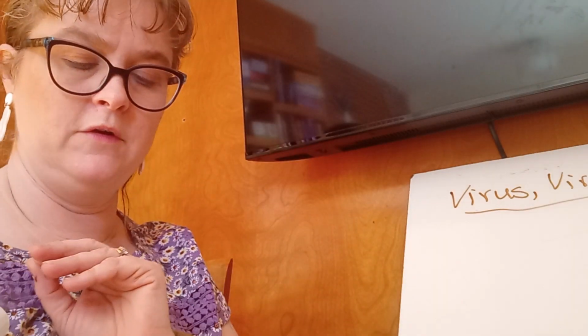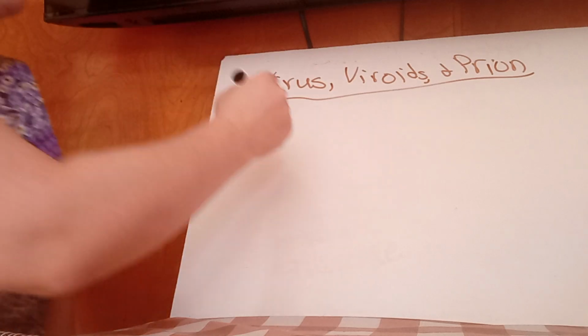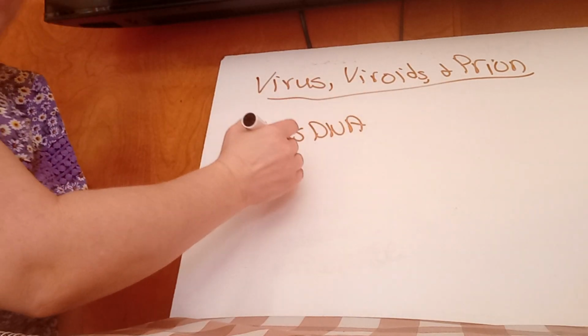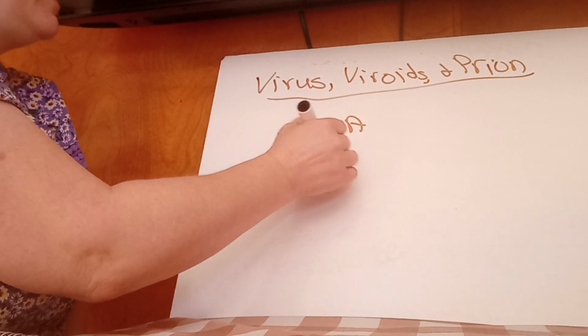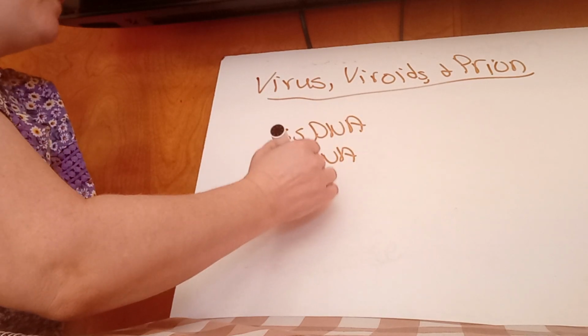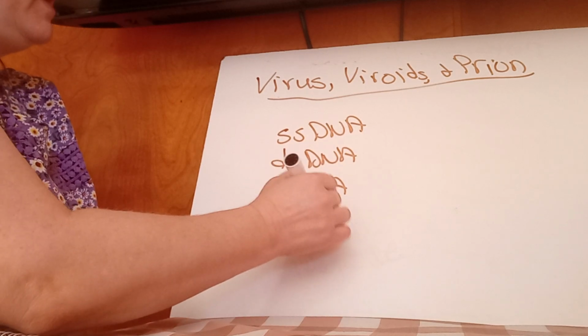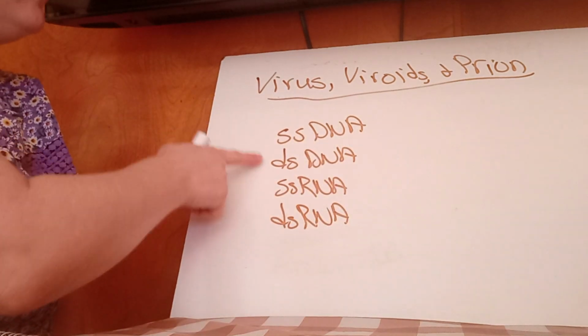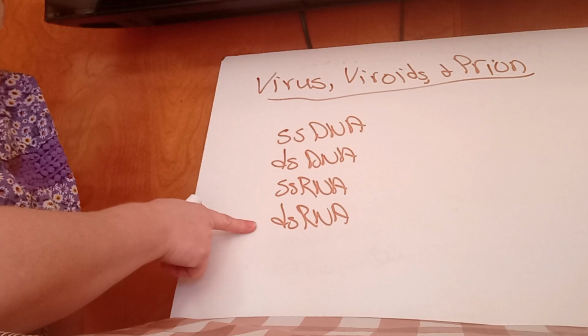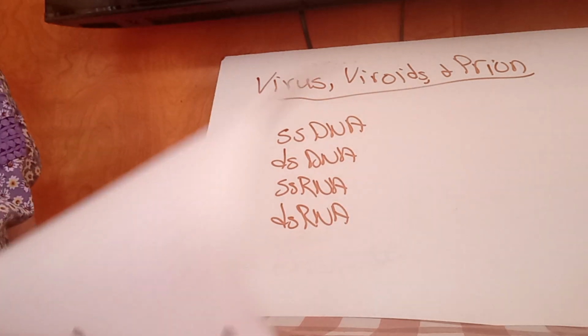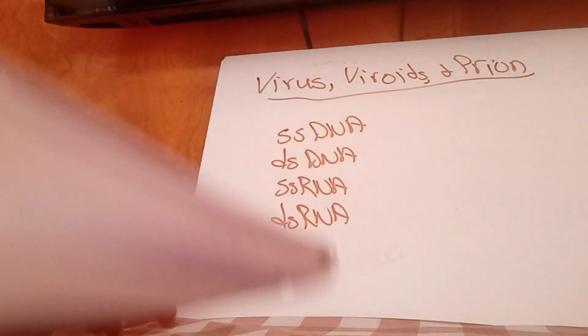So there are 4 types of nucleic acid. I don't know that you totally need to know them, but it's ssDNA, dsDNA, ssRNA, and dsRNA. This is single-stranded, double-stranded, single-stranded, double-stranded. Okay.